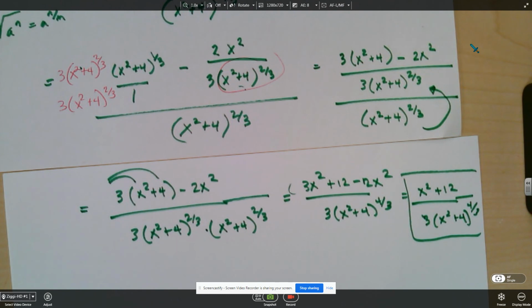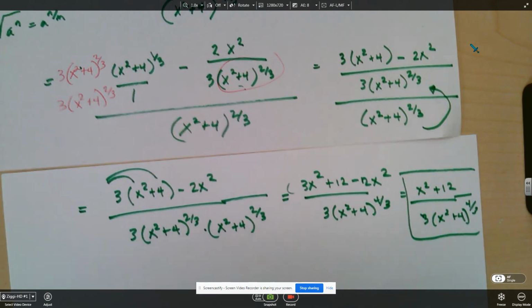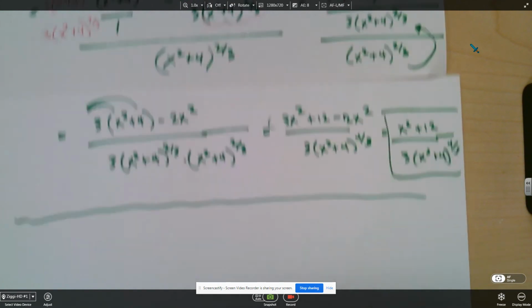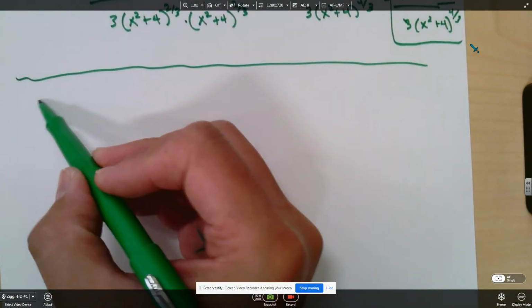Okay, so let's do a couple more of these. And I want to do some trig ones. I want to do two comparisons of a trig piece so you guys can start to see the difference.